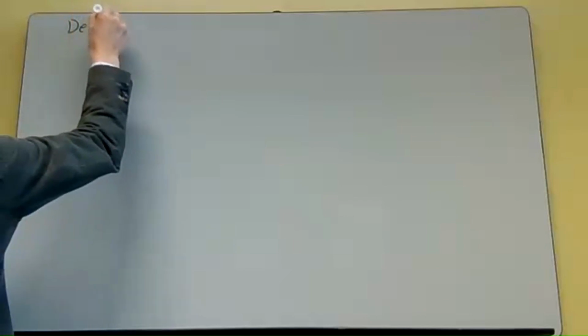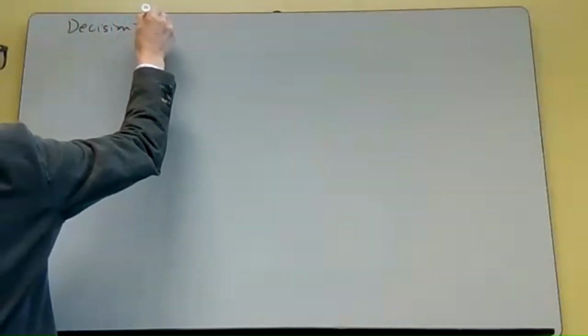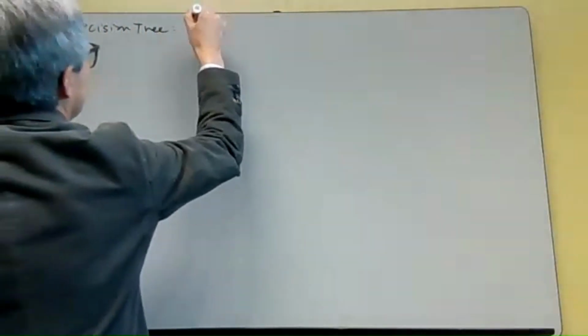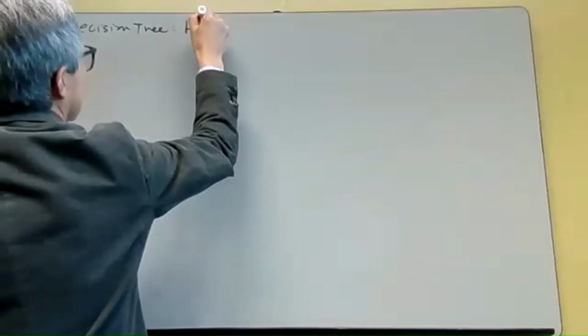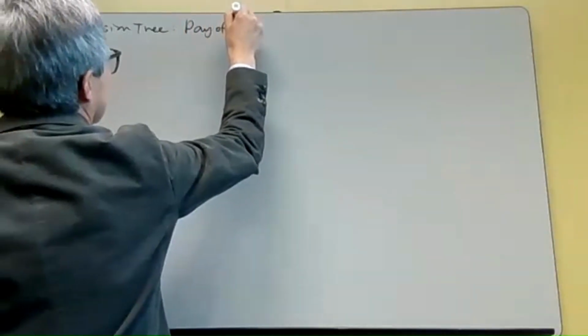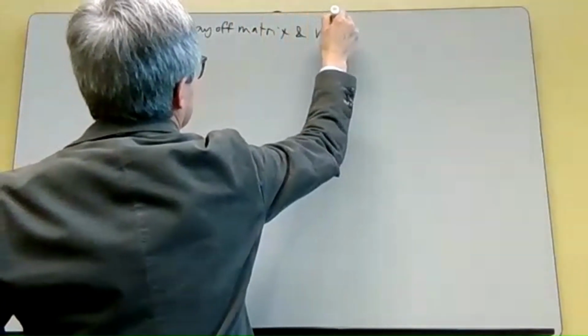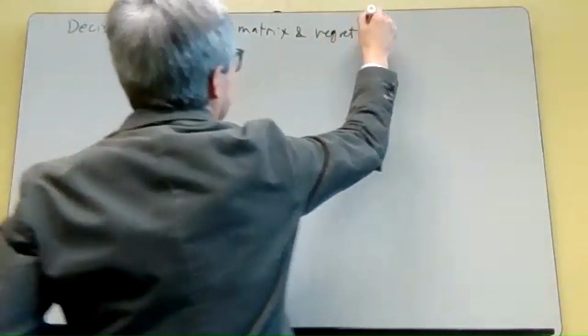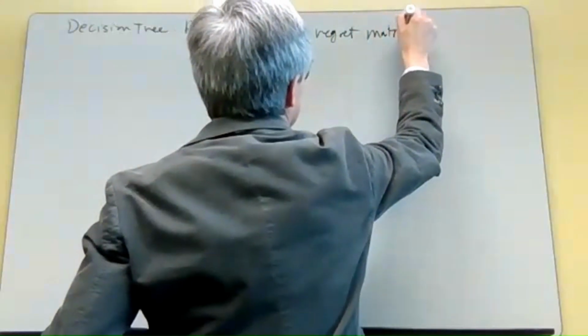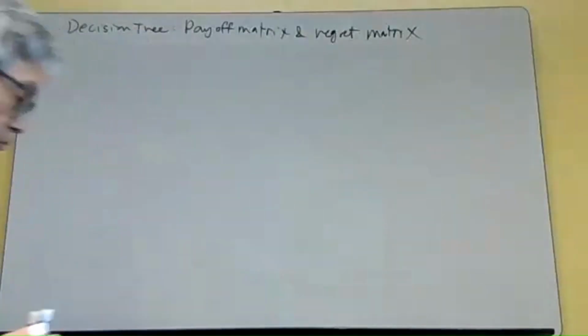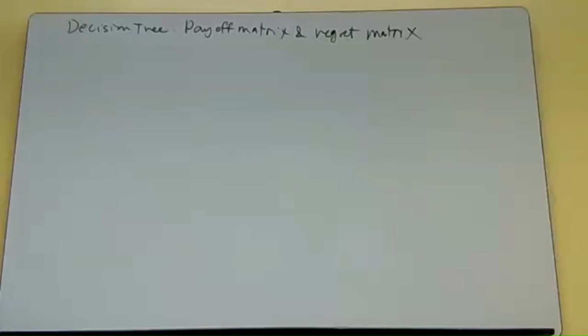So we're going to use a decision tree. So far, we used the payoff matrix and regret matrix. Now we're going to use the decision tree.